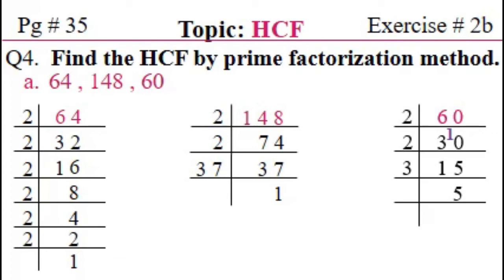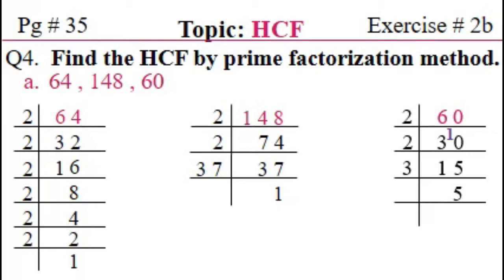Also, if you don't know whether the given number is divisible by 3 or not, we can simply use the divisibility test of 3, which was to take the sum of the digits of the given number. So over here it was 15, so 1 plus 5 will give you 6. And as we know that 6 is divisible by 3, therefore the given number is divisible by 3. That is why 3 times 5 is 15.